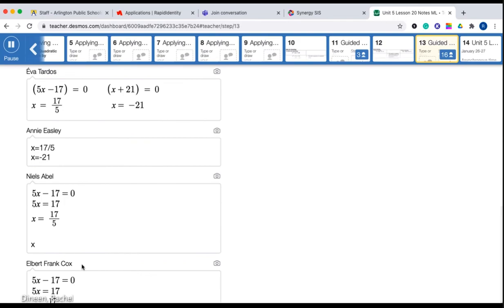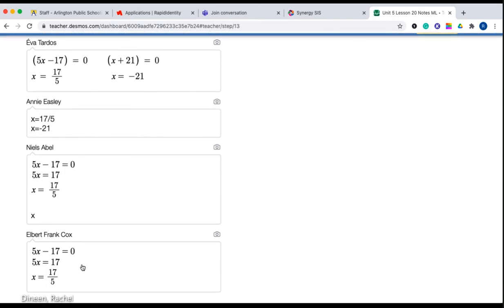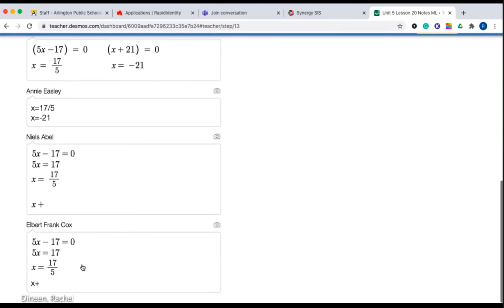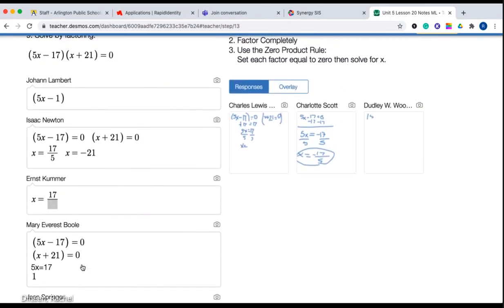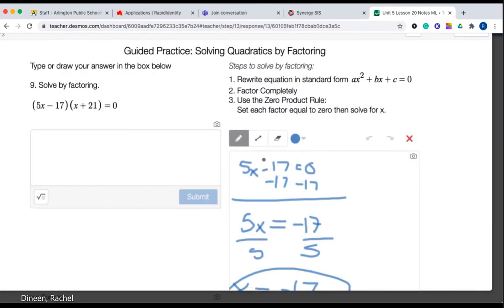Okay, most of you have the first factor done. Let's just make sure you have the second. Careful, Charlotte, Scott, whoever that is. You need to add 17 to both sides to cancel out the negative 17.